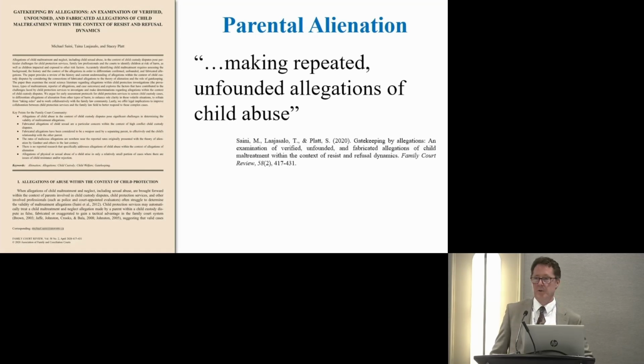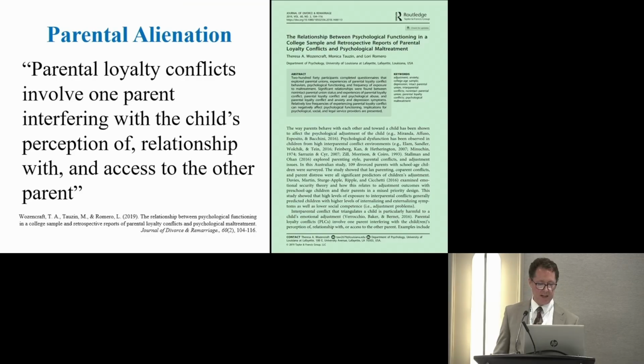I also included this study from 2020 because I thought it had something important to tell us. Saini et al. in the Family Court Review state that parental alienation behaviors include, quote, making repeated unfounded allegations of child abuse, unquote. That's a very common alienation tactic.